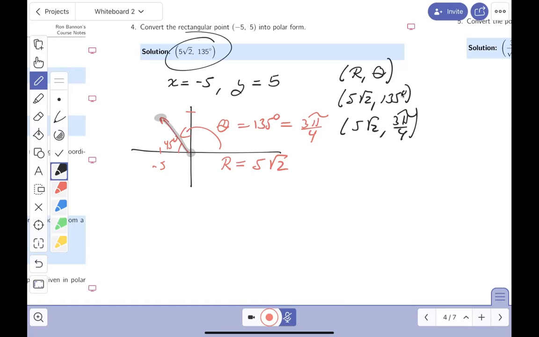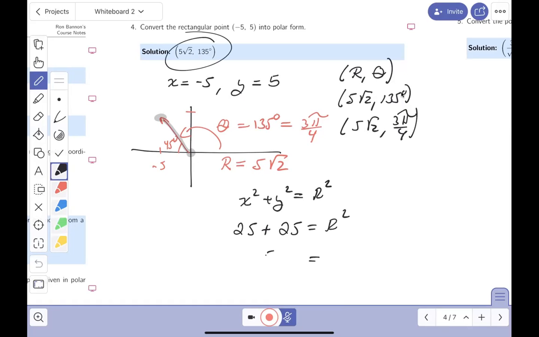I want to point out there's some relationships you should know. I'll write them down for you. X squared plus y squared is equal to r squared. R could be a negative number, by the way. What's x squared? We're looking at 25. What's y squared? 25. What do you get over here?